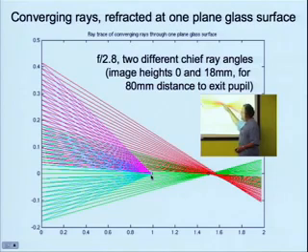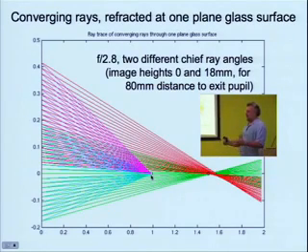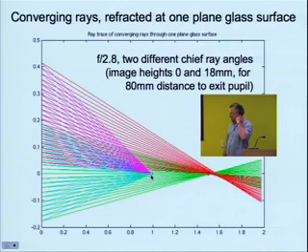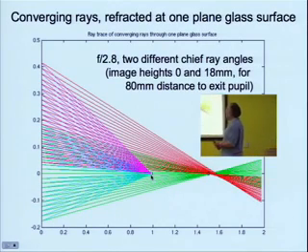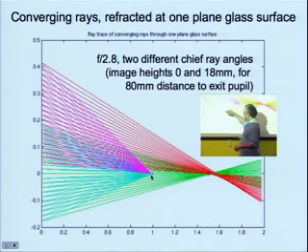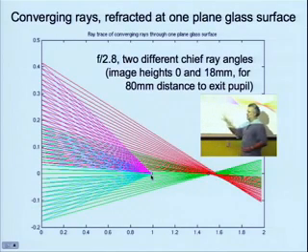I didn't do that for this simple case. I'm just looking at the convergence of rays as if it's within a block of glass. And if you put a sheet of glass in there where these things converge, essentially what happens is they go in at some angle, they jog over, they come back out at that same angle again, and then it doesn't really matter if you put that glass further left or further right. It doesn't matter where you put it. So a given thickness of glass will have a given effect.